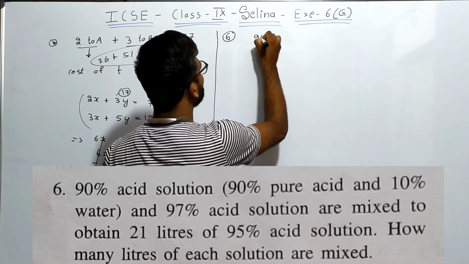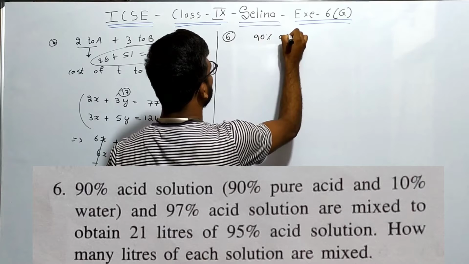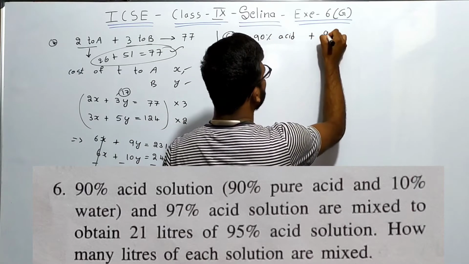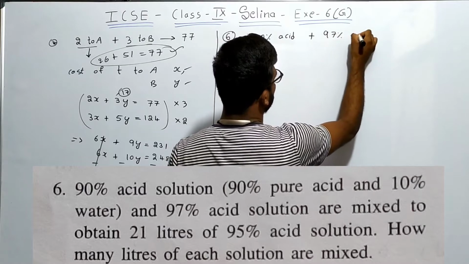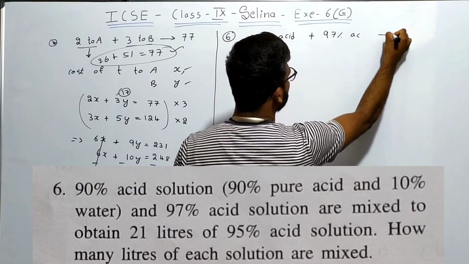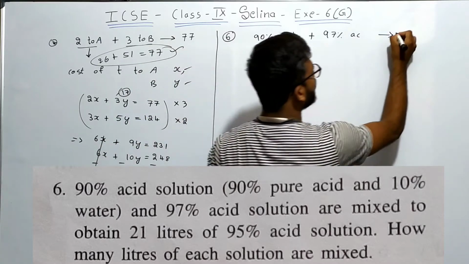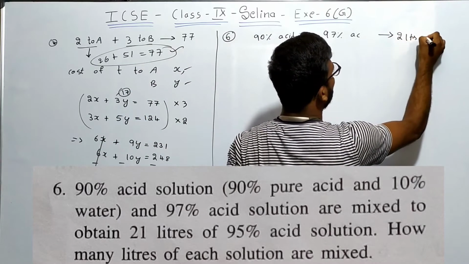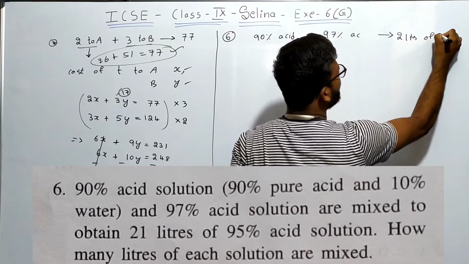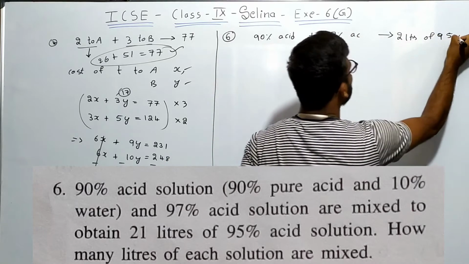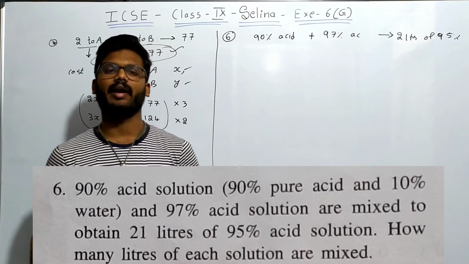What are they telling? 90% acid solution plus 97% acid solution mixed to give 21 liters of 95% acid solution. We have to find how many liters we have added.